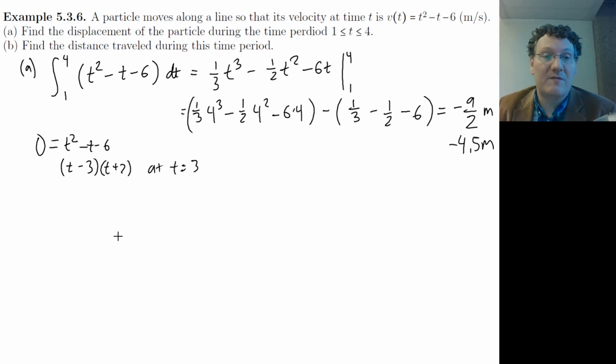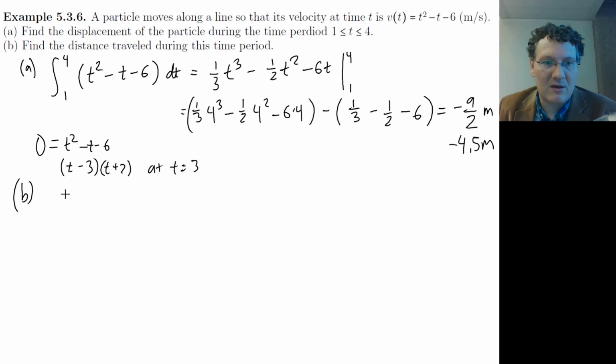So for B, to find the distance traveled, we have to find the change in position from time 1 to time 3, and then from 3 to time 4. So that's what's going to matter for us.